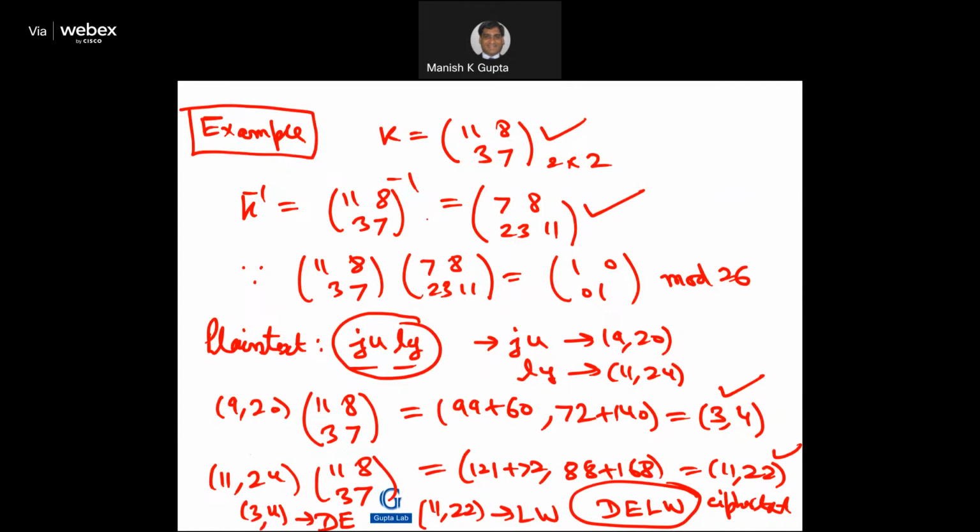But you should know how to solve equations over finite rings. That's another daunting task, I would say a beautiful task, so you enjoy that. Assuming you know how to find this inverse, you know that 11, 8, 3, 7 times this is equal to 1, 0, 0, 1, the 2 by 2 identity matrix.